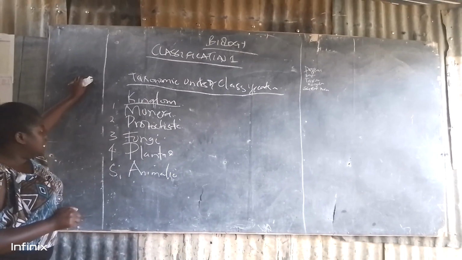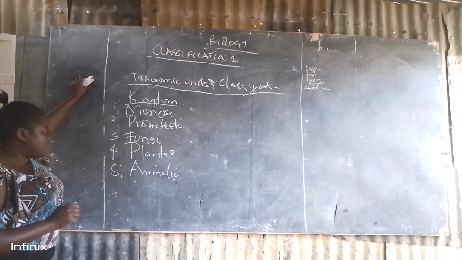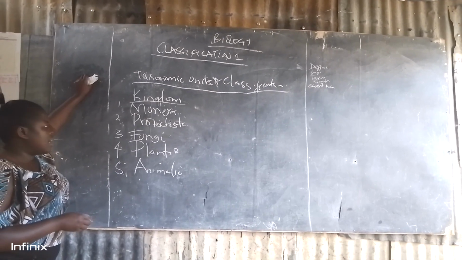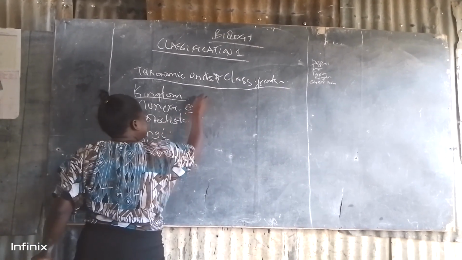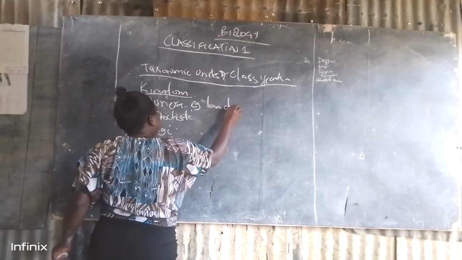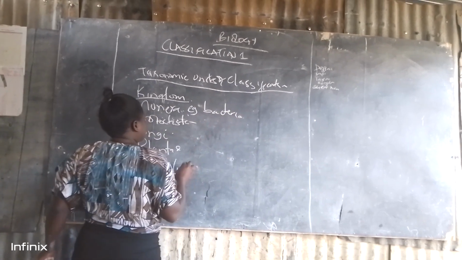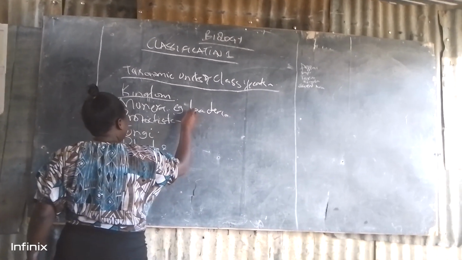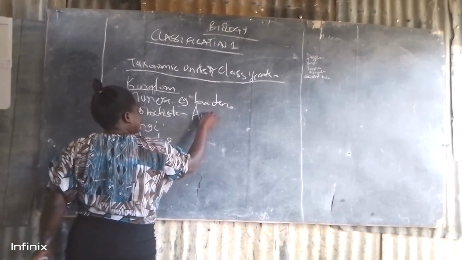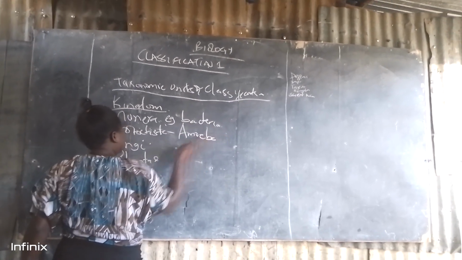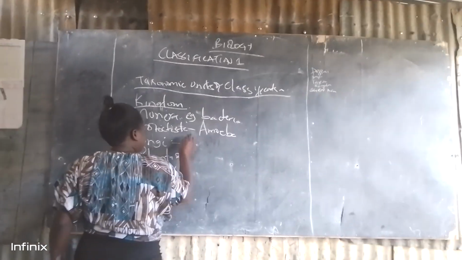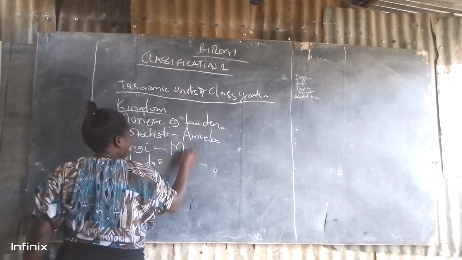When asked about this, under the kingdom we have 5 groups. We have kingdom Monera, e.g. it consists of bacteria. Kingdom Protoctista, e.g. amoeba. Amoeba is a good example of kingdom Protoctista. Then kingdom Fungi, a good example is mushroom.